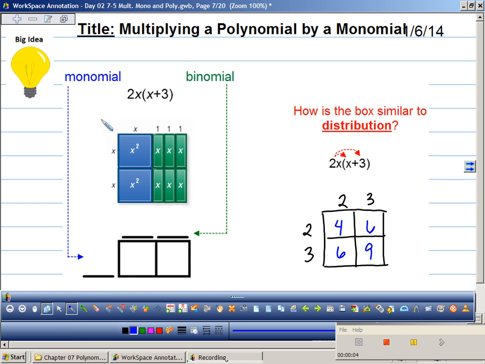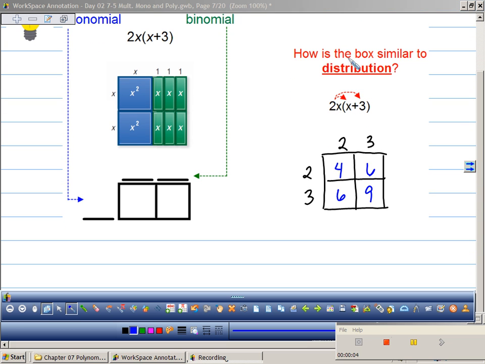That's with algebra tiles. Let's just use an area model. So I'm going to rewrite 2x times the quantity of x plus 3 right here. My monomial goes here, 2x, and my binomial goes here, x plus 3.